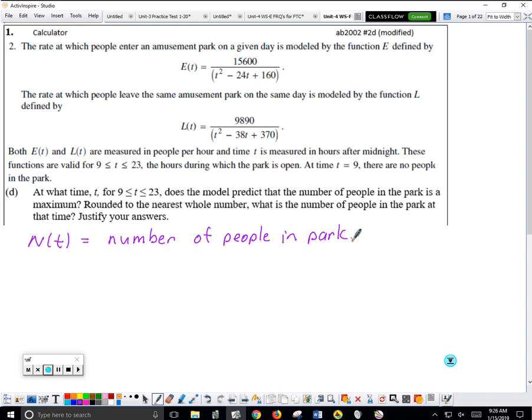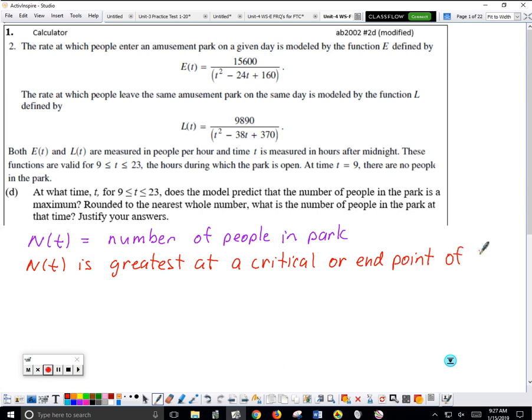We're supposed to figure out when N is greatest. So you start the problem by memorizing the following fact: that N is always greatest at a critical or endpoint of N. So N of t is always greatest at either a critical or endpoint of N of t.